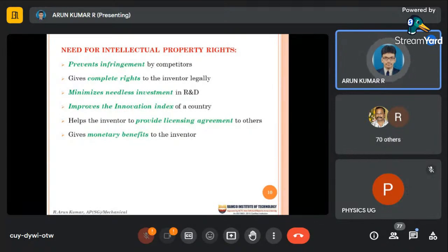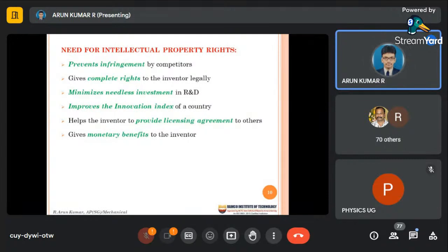In a similar way, if you have the intellectual property right for an idea or an invention or a creation that has been developed by you, and if you own the right of it, no one will have the daring to copy or forcefully take it from you.